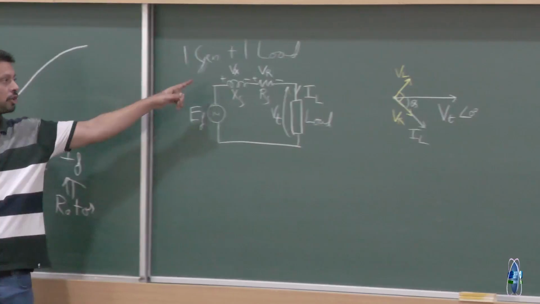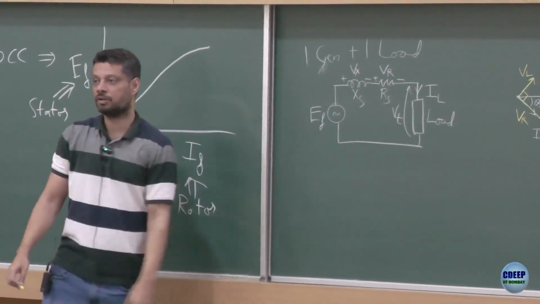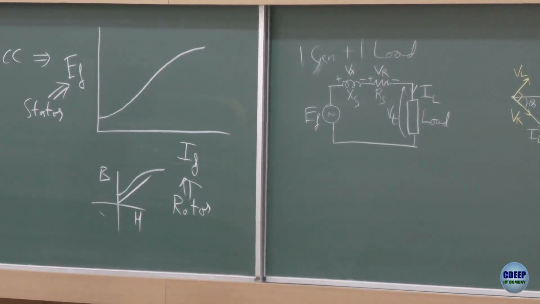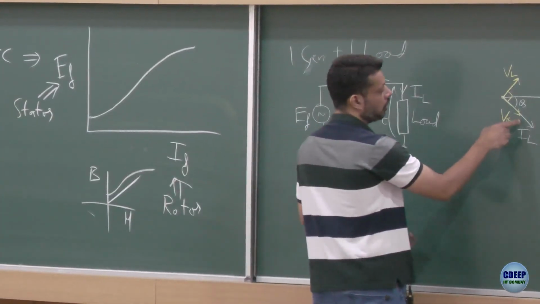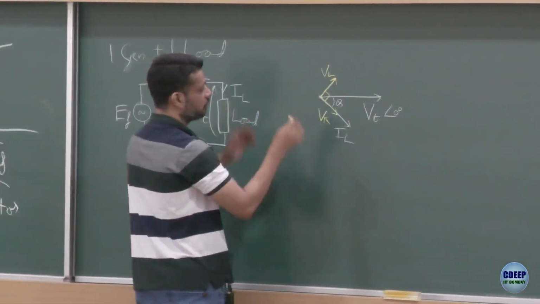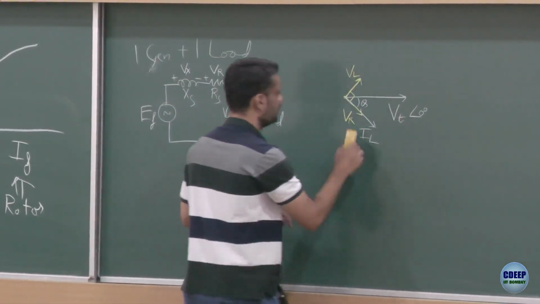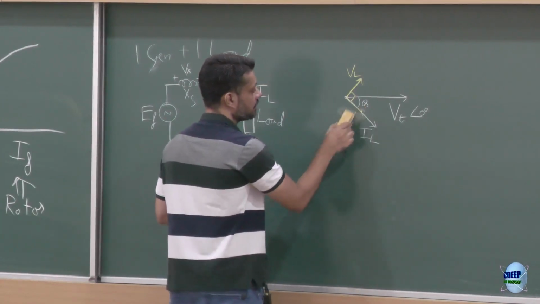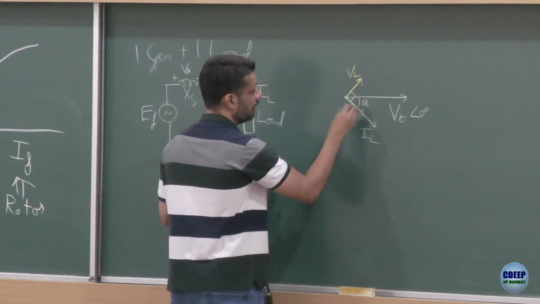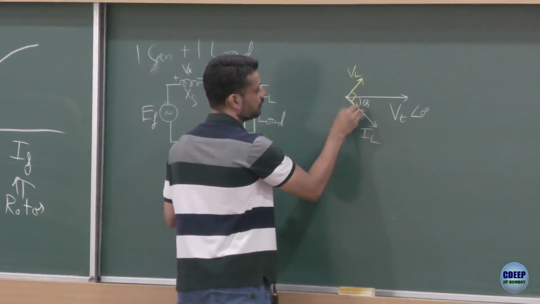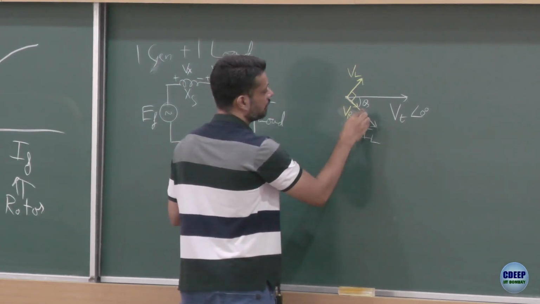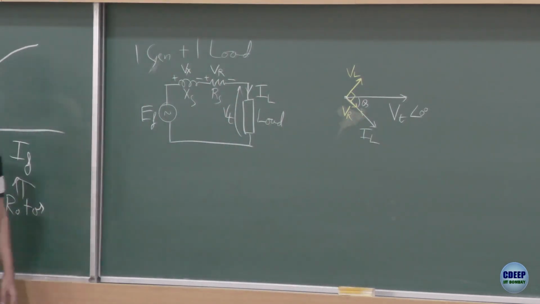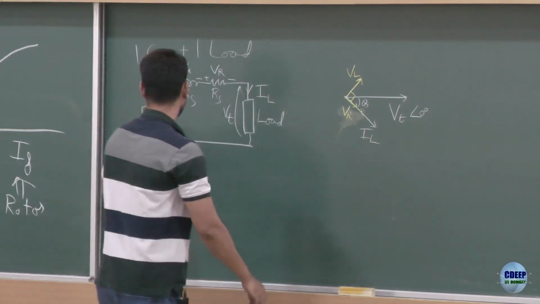Of course, you can also calculate the magnitude and draw the phasor diagram with more accuracy if you want, but this is roughly Vx, this is VR. Usually VR would be small, because resistance would be small. So to give you a slightly more realistic picture, let me redraw it so that I can show you that VR is typically smaller than Vx. So let's say this is VR, and the other one is Vx. So what would be EF?